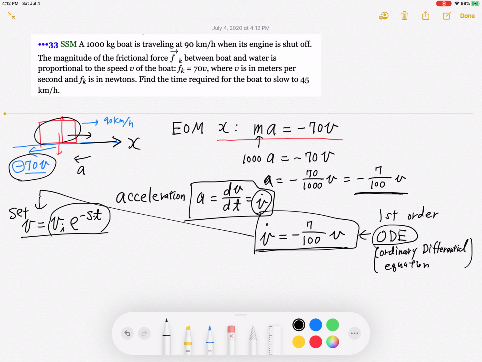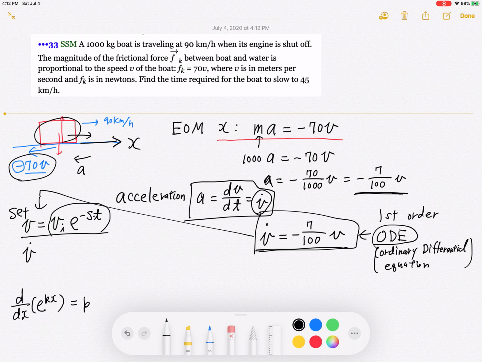Okay. Why? Well, do you remember how to take the first order derivative of an exponential function? For example, do you know how to do d dx e to the kx?